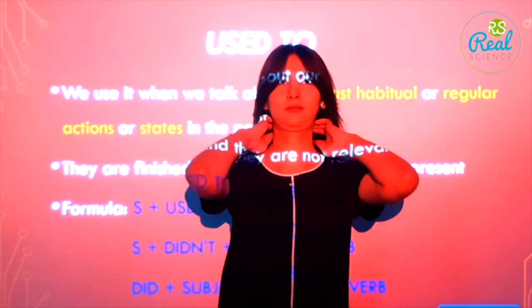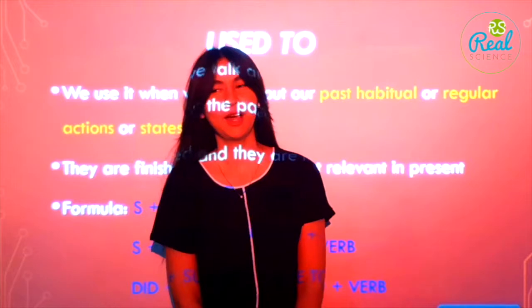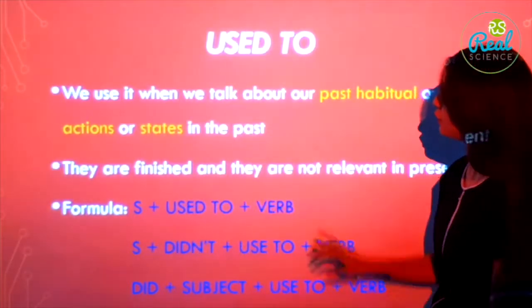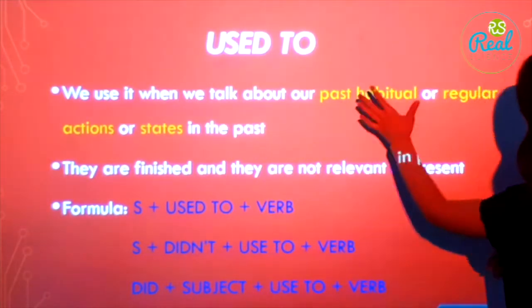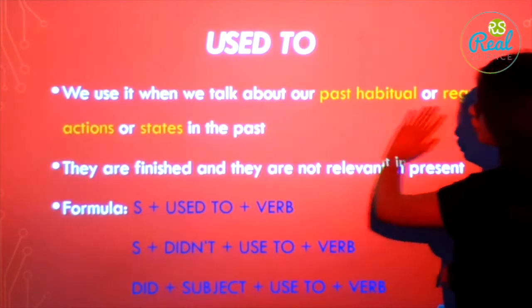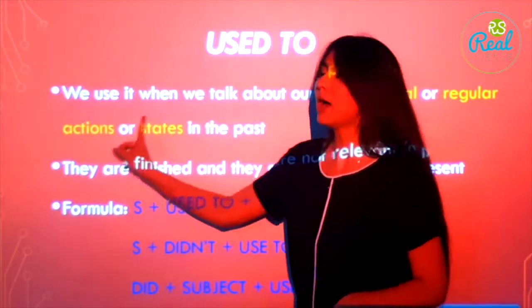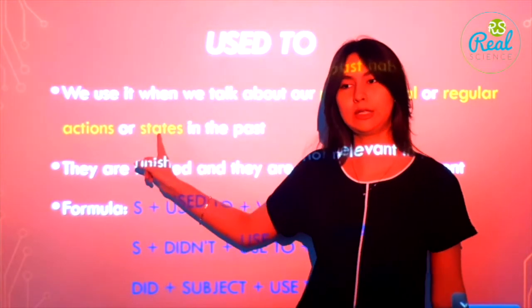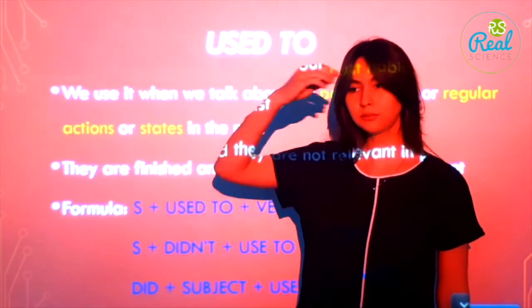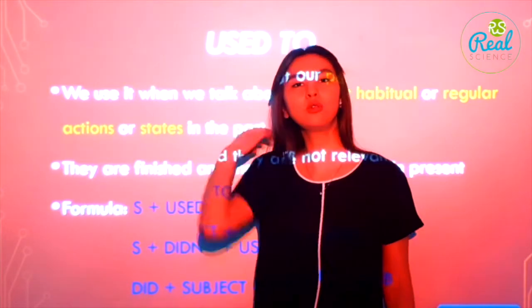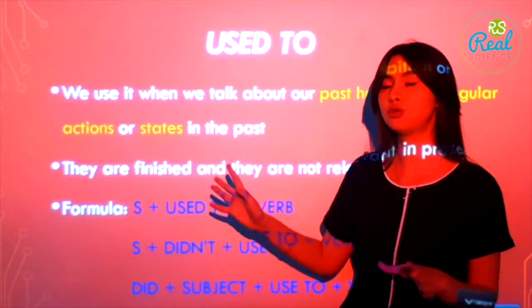Accustomed to doing it in the past. Yes, I agree with you. Good job. So we use used to when we talk about past habitual or regular actions, and for past states also. Do you know what states are? Yes. For past states also we use used to.